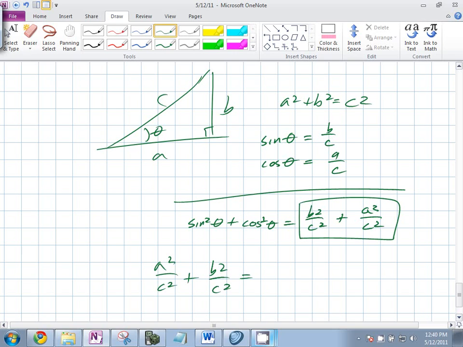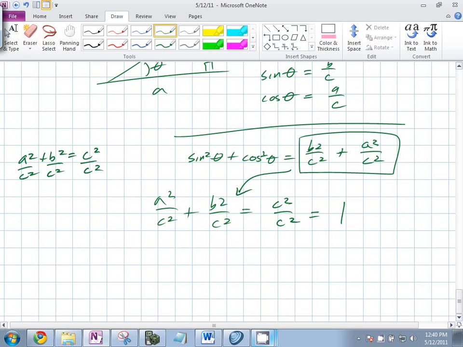We know that a squared plus b squared is equal to c squared, so divide everything by c squared. What do you get? That's equal to c squared over c squared, which is equal to 1. So therefore sine squared theta plus cosine squared theta is equal to 1.